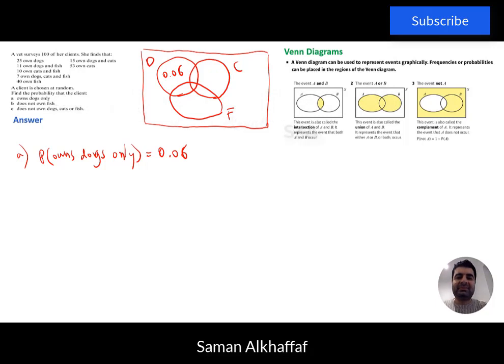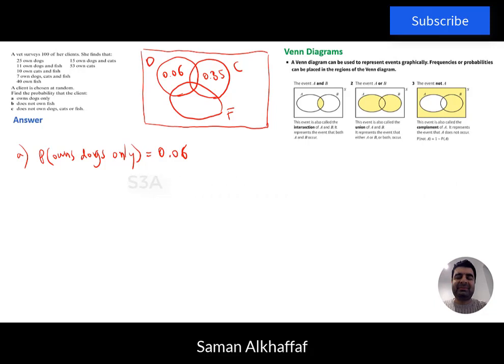We also take the cats range divided by the total, and for the cats we have 0.35, so does not own a fish. So we find also the range for the cats.